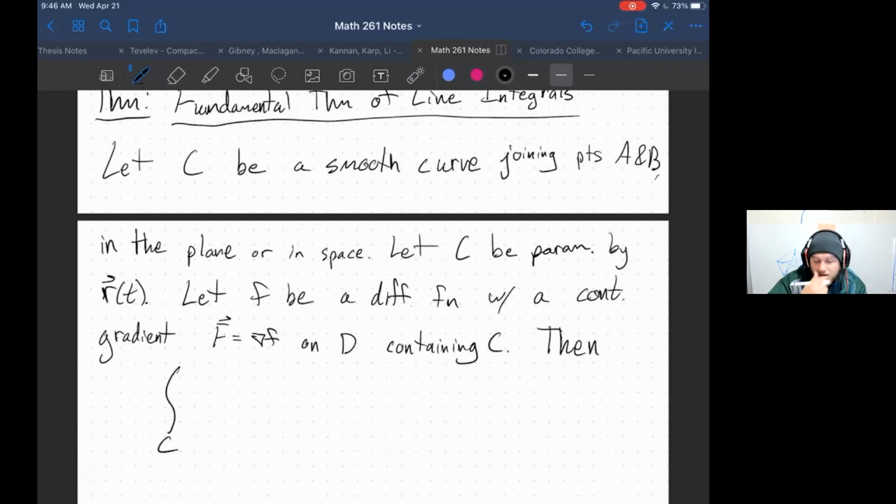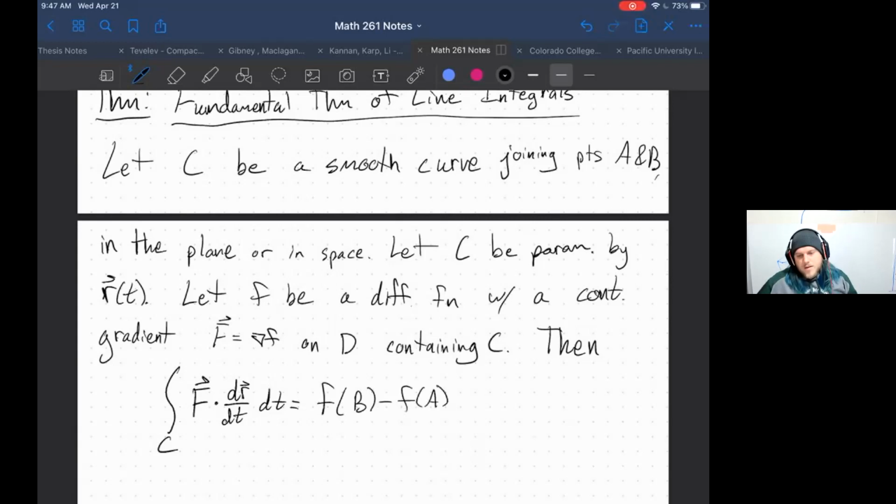Then if you wanted to evaluate this line integral, the work integral over C of F, well, instead of taking the dot product, instead of going through all of this, you just take little f of B minus little f of A. Right.